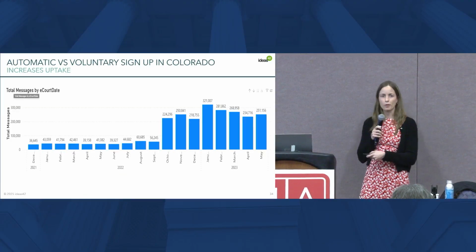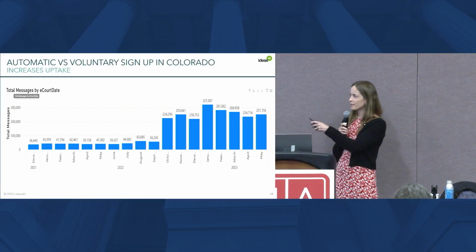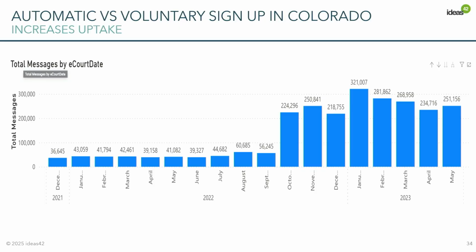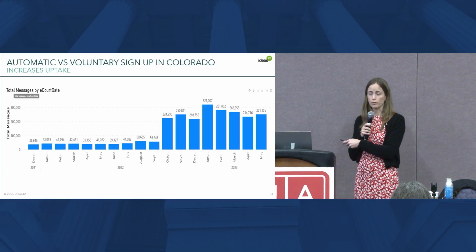All right, so here we are back with Colorado. So you saw the first part of this graph before. Colorado actually passed legislation to create a statewide reminder program. They initially asked people to sign up for the program, and luckily they were tracking their enrollment. They saw that the numbers were pretty low. So they actually changed the legislation to switch from requiring people to sign up to automatically enrolling people.